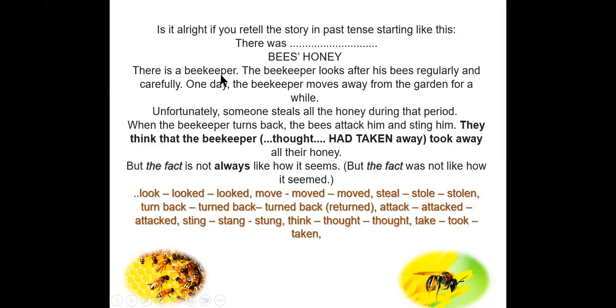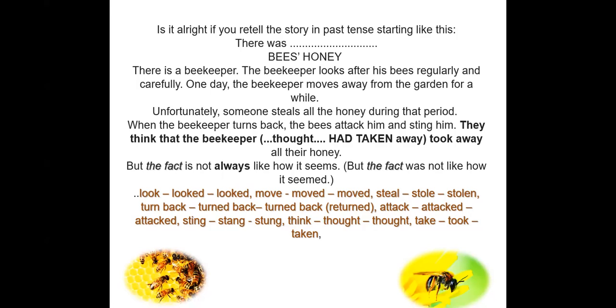Okay. Now we'll change the present form of the verbs, including to be, of course, and if there's a modal, into the second form, like this. Look becomes looked. Move, regular verb. Steal, stole, the second form, not the third. We don't need the third form yet. Turn, turned. Attack, attacked, regular verb. Sting, stung.